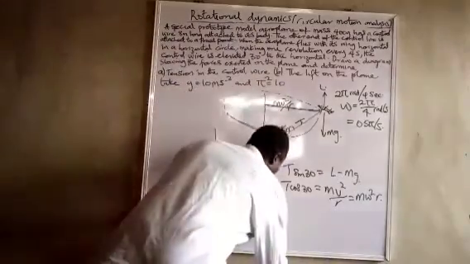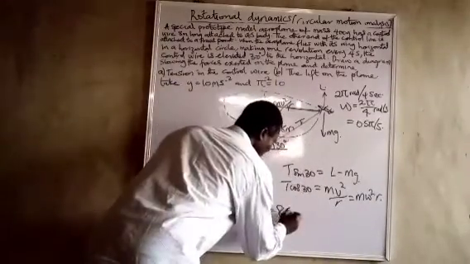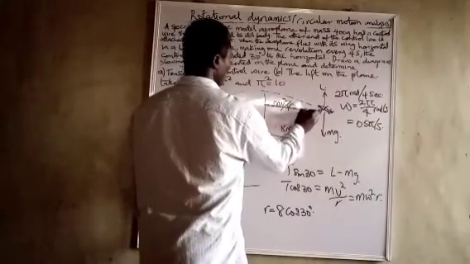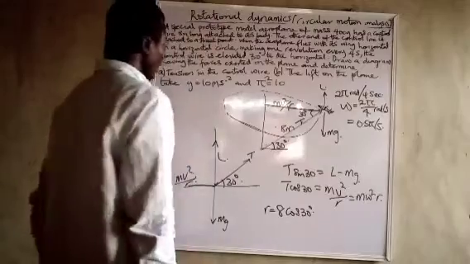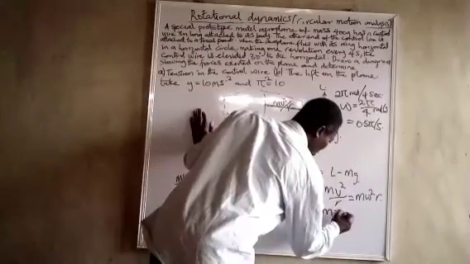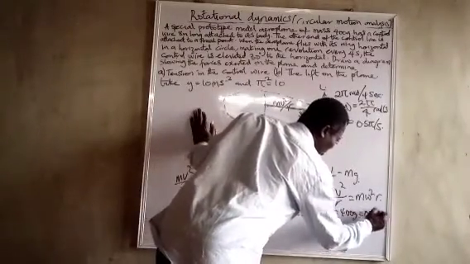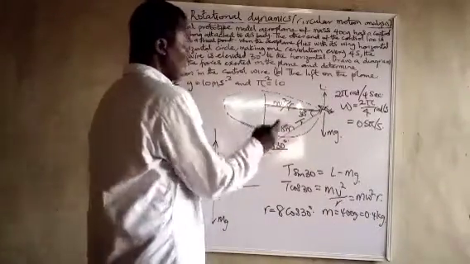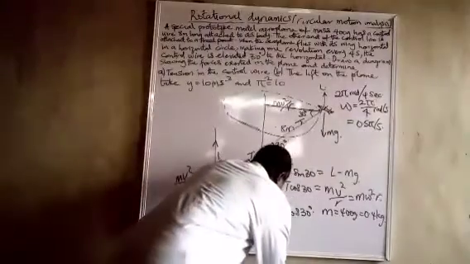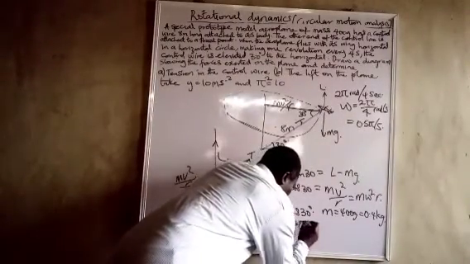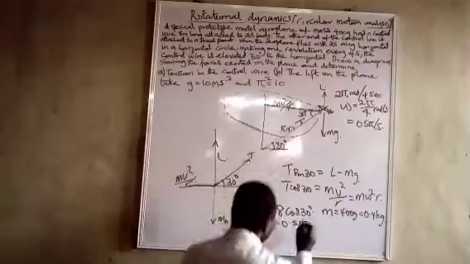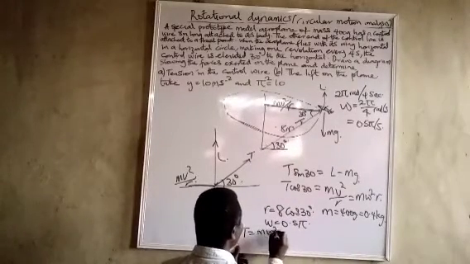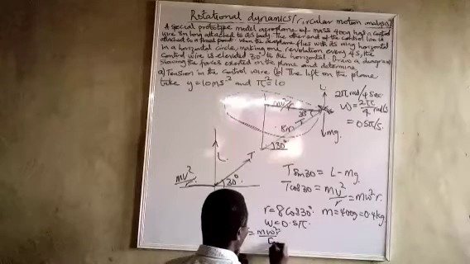Now, let's bring out our figures. R is equal to 8 cos 30. So this place is also 30 degrees, so R is equal to 8 cos 30 degrees. Our m is 400 grams, which is 0.4 kg. And we have gotten our omega. Therefore, T is equal to m omega squared r over cos theta.